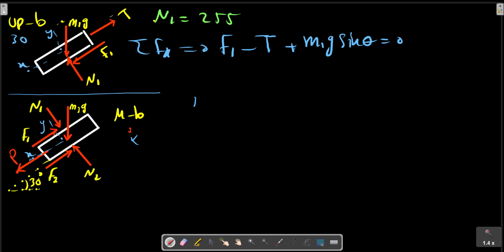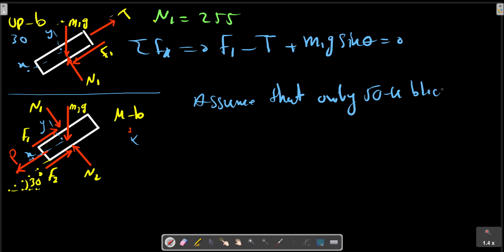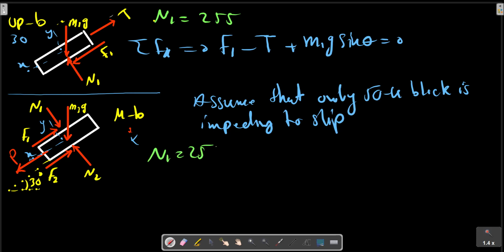So if we assume that only the 50 kg block is impending to slip, we calculated N1 and N2.